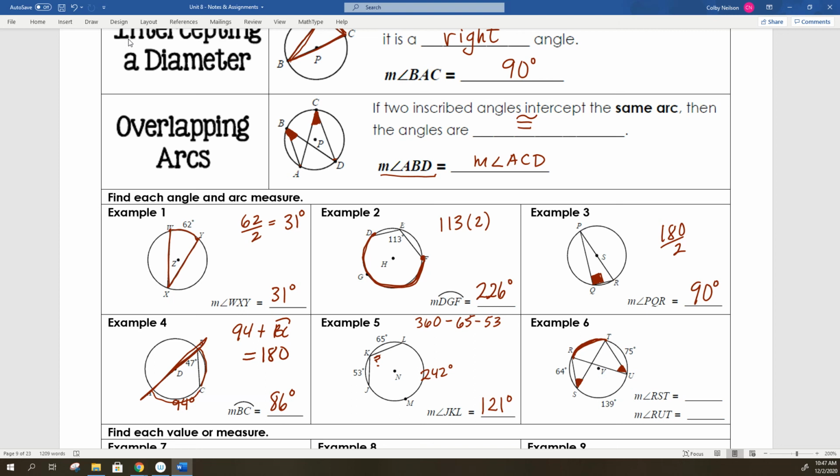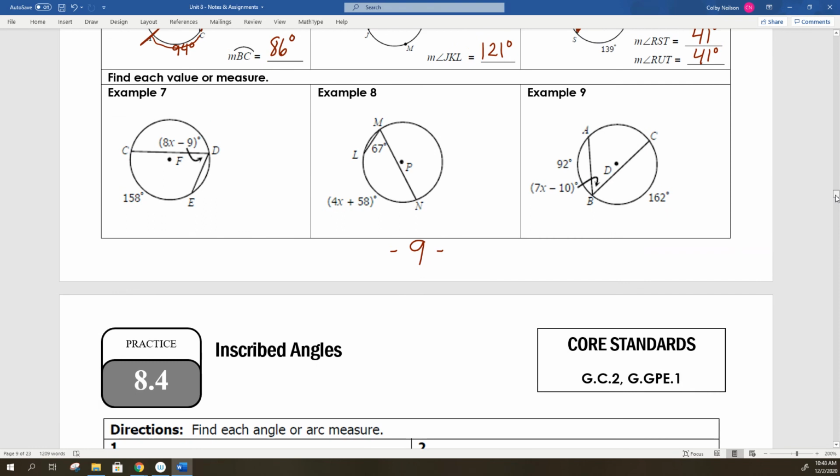You said 64 plus 139 plus 75. What are you going to do with that? Add them together. Yeah, so the whole circle minus whatever those three are. So someone do that on their calculator for us. It's 82. That's 82? Oh, yeah, that's not nice. And then we divide those by 2, right? Because now we're talking about the angle that we want. So each of those will be 41, because they're the same. How much fun is this? Yeah, not bad.